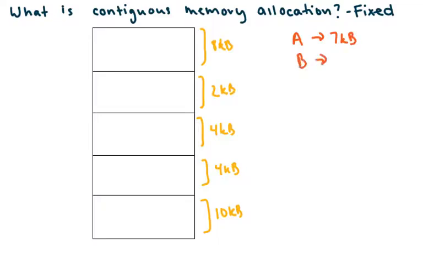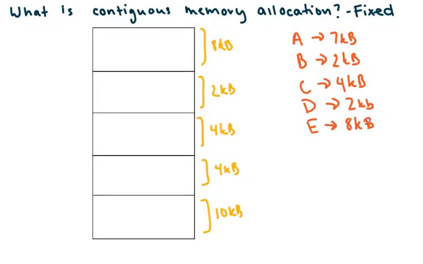Process B requires 2 kilobytes. C, maybe 4 kilobytes. D, 2 kilobytes, and E will make 8 kilobytes. So these are all the processes coming in, and we can go ahead and assign them. We'll assign A here, B here, and C, D and E.